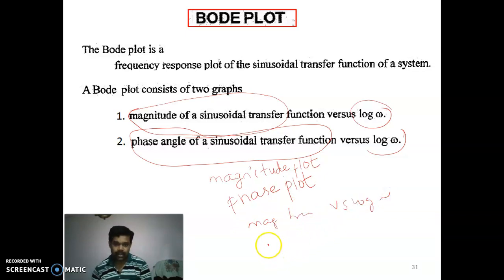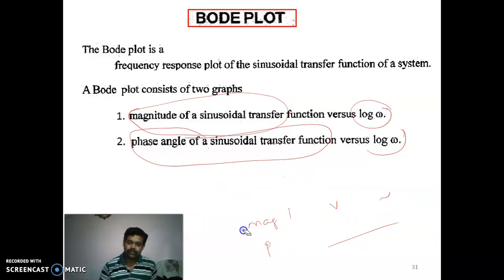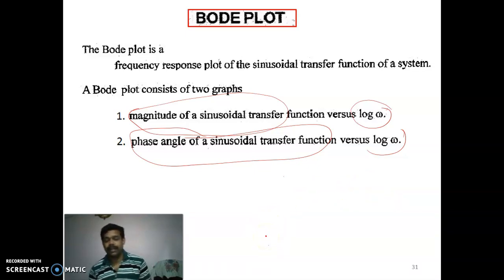The next one is the phase angle versus log omega. So what is a Bode plot? A Bode plot is a frequency response plot of the sinusoidal transfer function, and there are two types of plot: the magnitude plot and the phase plot.